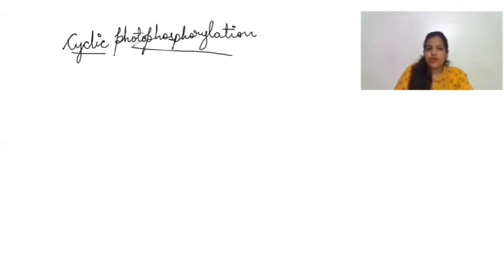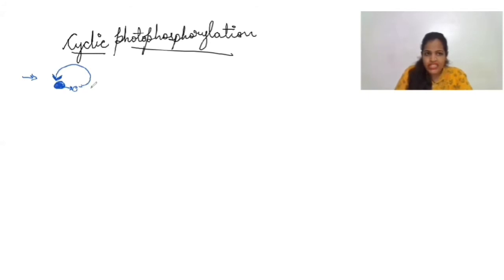Here in this type of photophosphorylation, the ejected electron, when the electron is sent from the photosystem, suppose this is one photosystem, P700 of course, the electron is ejected, but this electron will go through the electron carriers and will move back or get returned to the photosystem again.